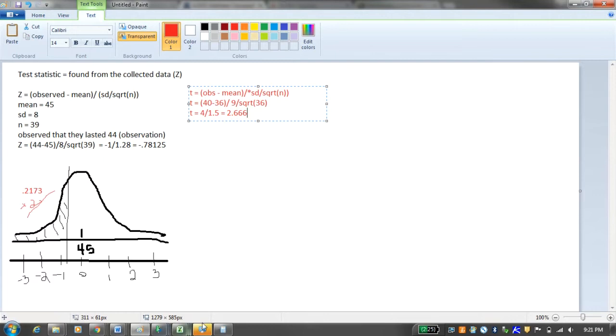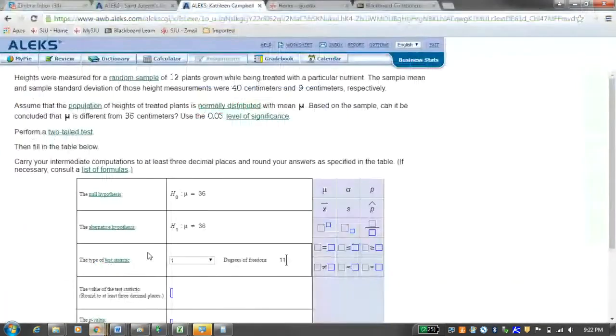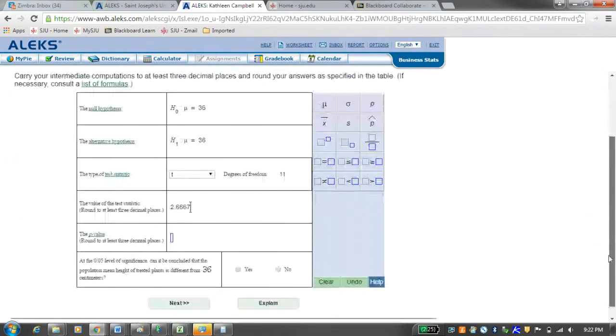You can put that into a calculator if you want to check any of it. So 4 in the numerator, square root of 36 is 6, 1.5. So 2.66 is our answer. When we look at our ALEKS, we're going to enter 2.66 or 2.66667, if it will make ALEKS happier.